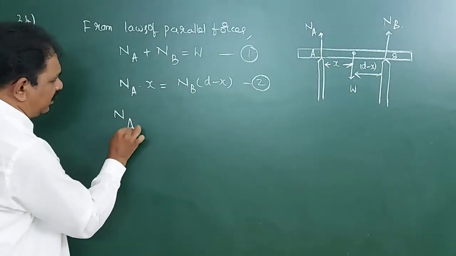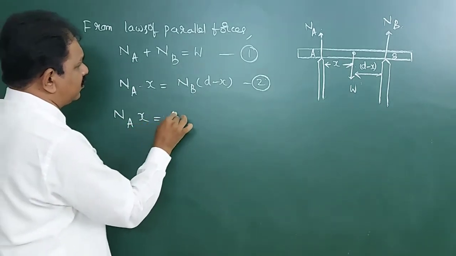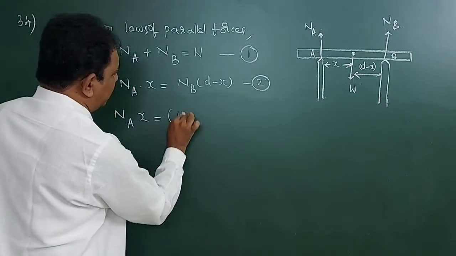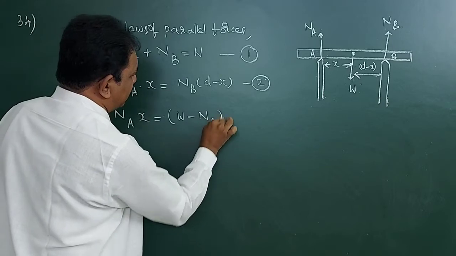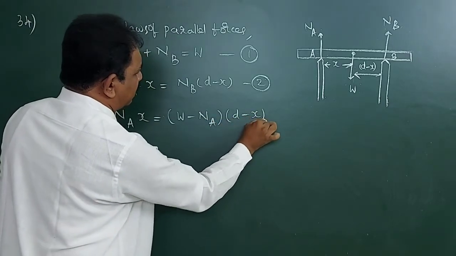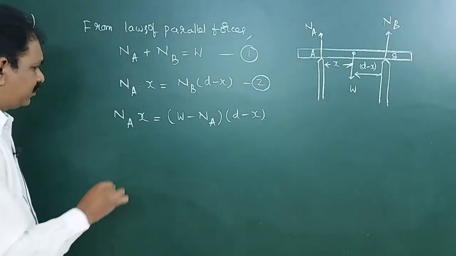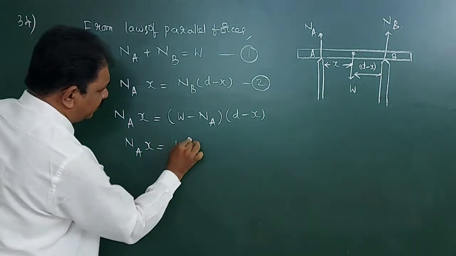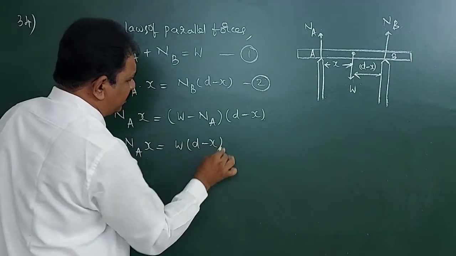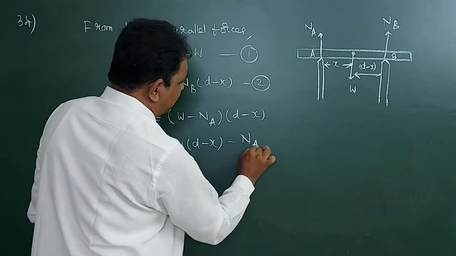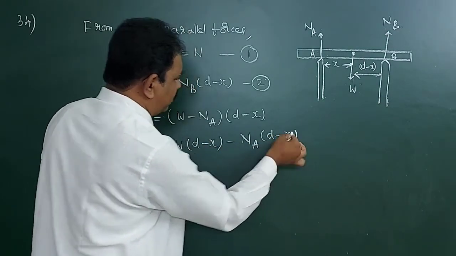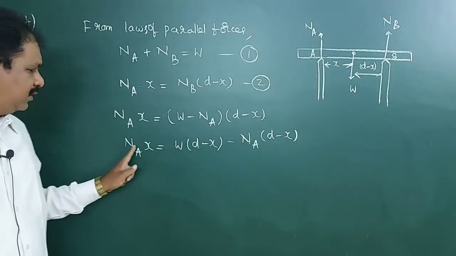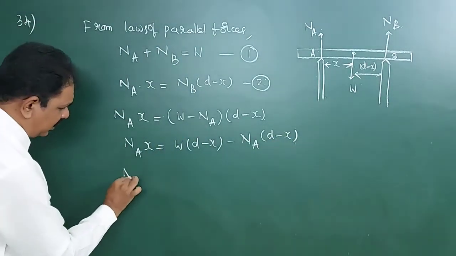So NA into X is equal to NB value, W minus NA, into D minus X. So NaX is equal to W into D minus X minus Na into D minus X. Bring this Na to this side.